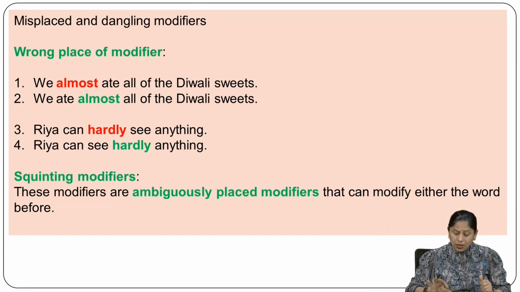So one has to be very cautious while finding these kinds of modifiers, whether they are modifiers or merely adjectives, or parts of a phrase or clause. Those modifiers which are very ambiguous are known as squinting modifiers.